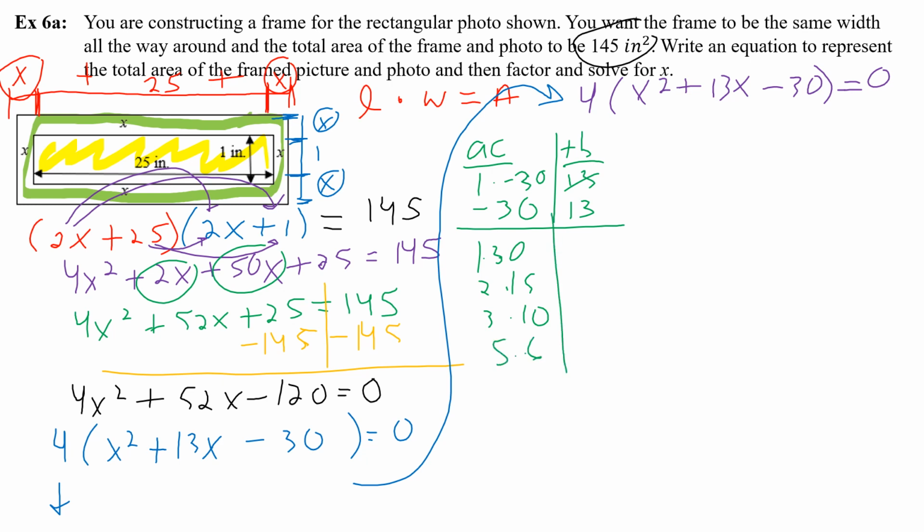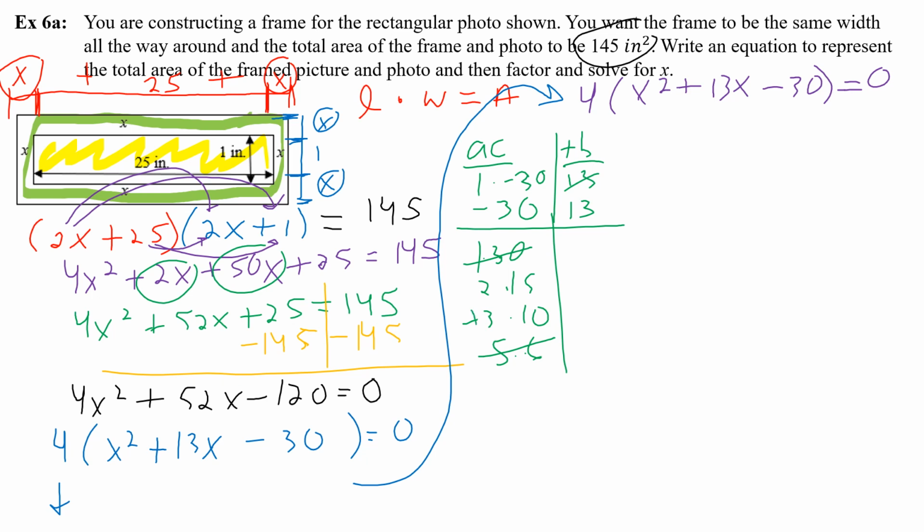Keep in mind, one of them has to be negative for us to end up with a product of negative 30. 1 and 30 would never give us 13. 2 and 15 might. 3 and 10 also might. 5 and 6 would not. Now, let's say we thought it was 3 and 10. One of those has to be negative. If we made the 3 negative, negative 3 times 10 would give us negative 30, but when we add it, would give me 7.